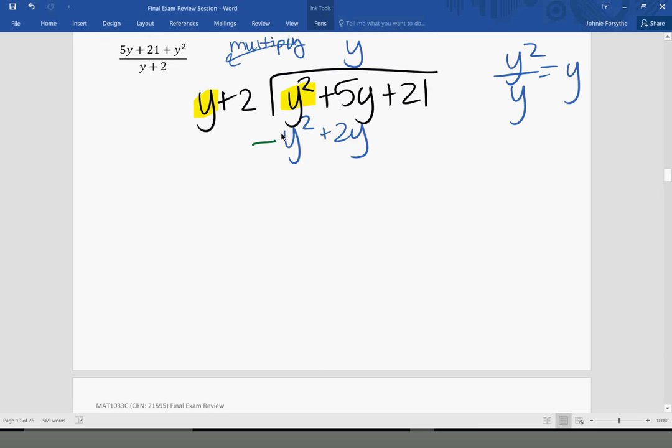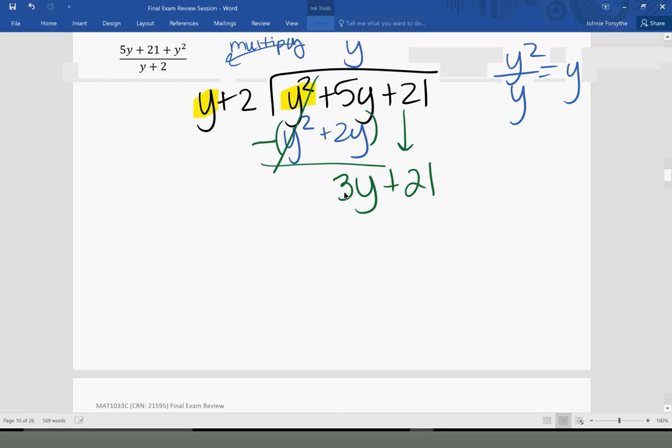Next what we're going to do is subtract the entire thing. So when you do that, you're basically changing all the signs. So if you want, you can just change up all the signs. But y squared minus y squared cancels out. 5y minus 2y is 3y. And then now we're going to bring down that plus 21.